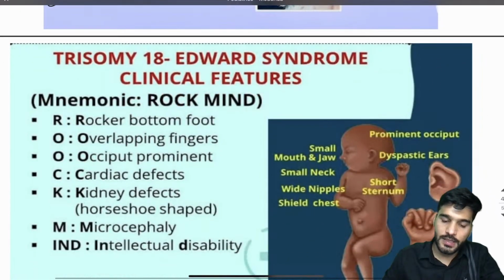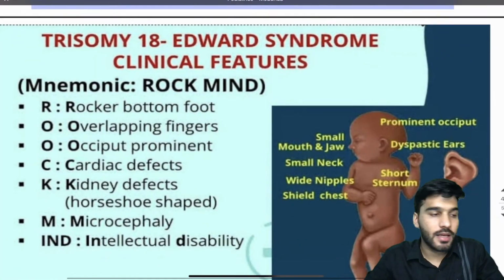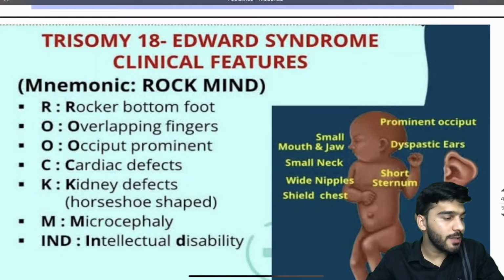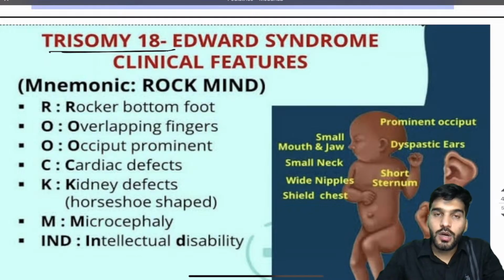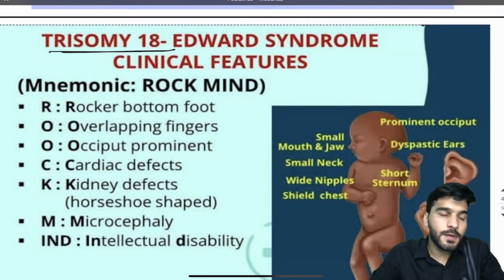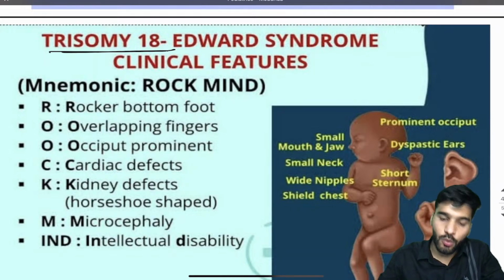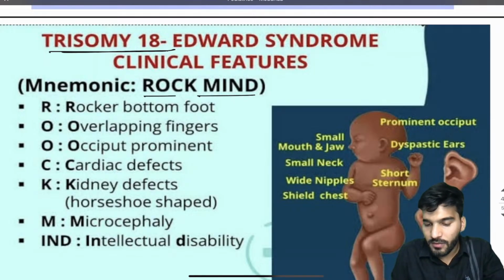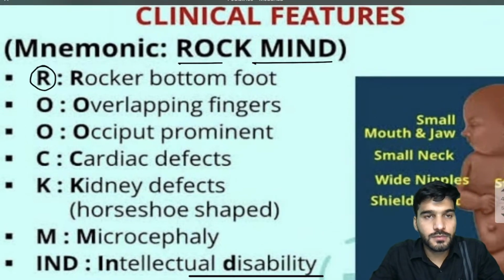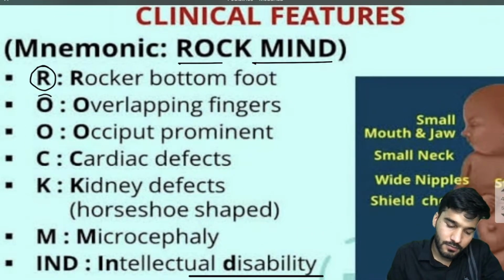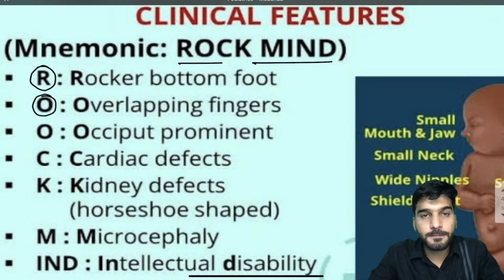Next one is trisomy 18. It is Edward syndrome. Remember the features of Edward syndrome with the mnemonic ROCKMID. R is rocker bottom foot. O is overlapping fingers.